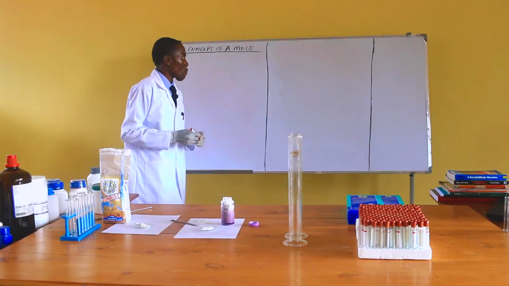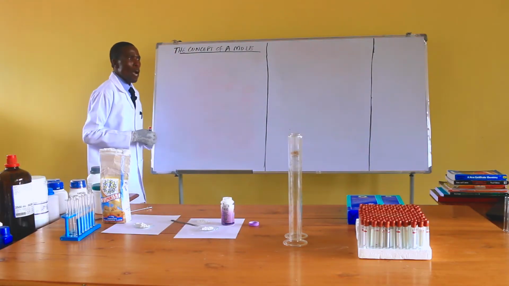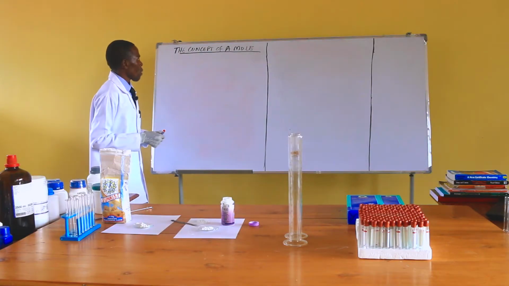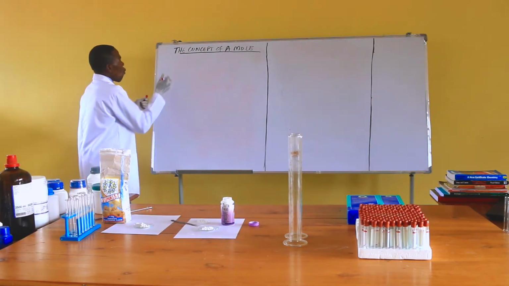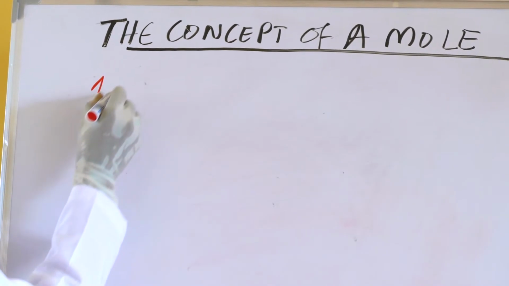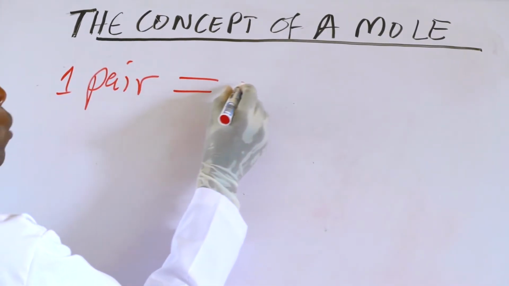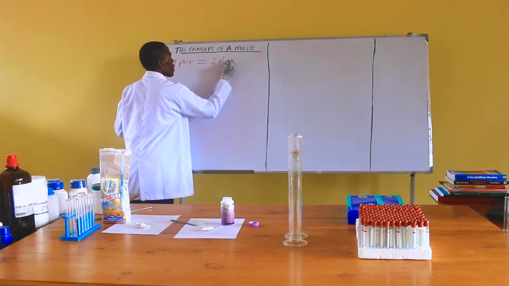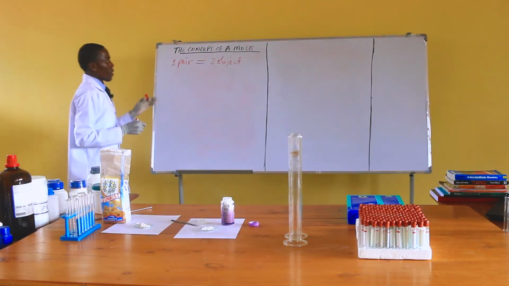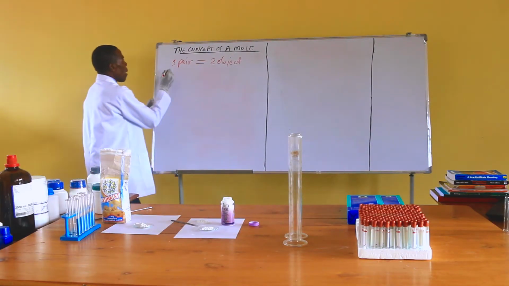Now, for particles to attain a mole, the total number of particles should reach the following. Maybe I start with a pair of objects. A pair is made by two objects. Two objects form a pair.